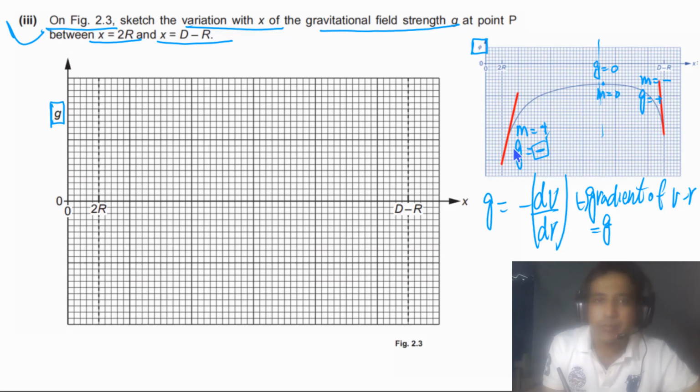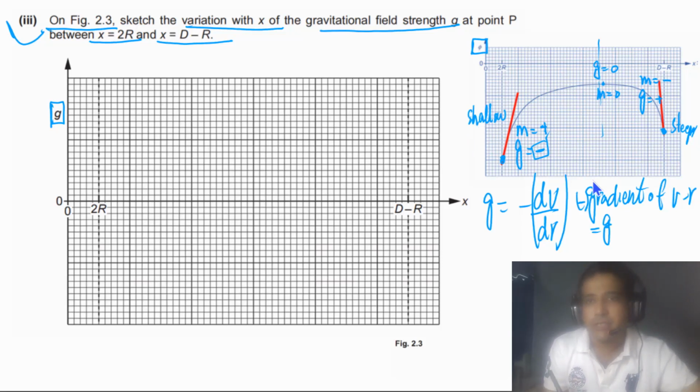And we need to compare the gradient at this point and at this point. Now this gradient is shallow, we have already discussed this point. So this is shallow and the gradient at this point is steeper. It means G at this point is greater as compared with G at this point.